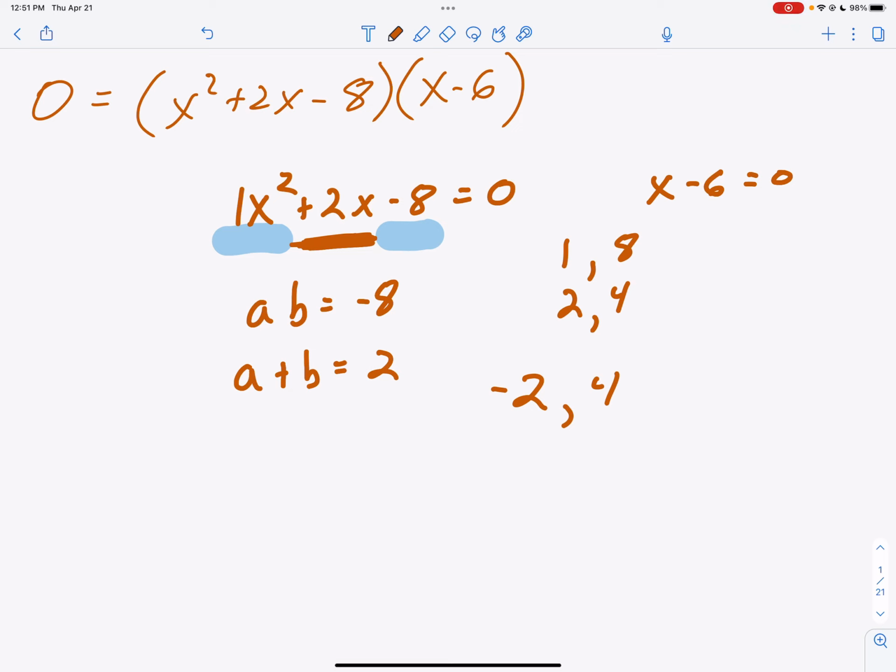That's how you figure out which number has what sign. Now, if this had been a positive number, the only difference would be that both of the numbers would have to have the same sign, either positives or negatives. But in this case, if they multiply together to get -8, one of them has to be negative, not both.